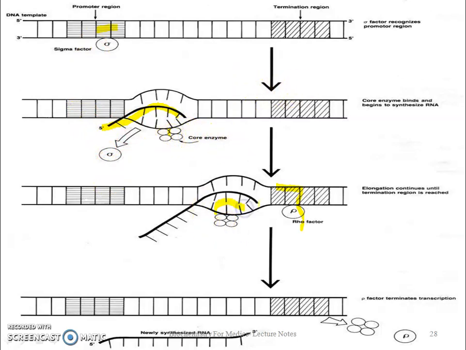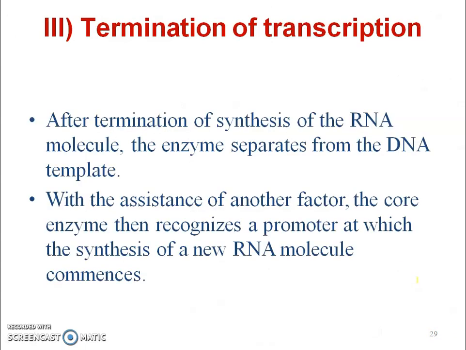During its movement, the RNA is being made, and then when it comes to the termination end, the Rho factor is recognized and it binds with the Rho factor. This Rho factor removes the mRNA, separates the mRNA, separates the polymerase enzyme, RNA polymerase, and it also gets separated. All of them get removed from that place. So, termination of transcription.